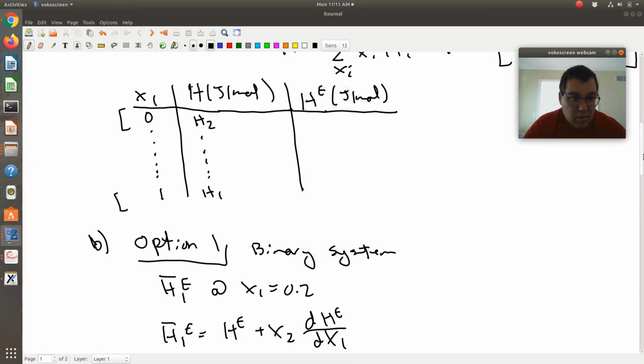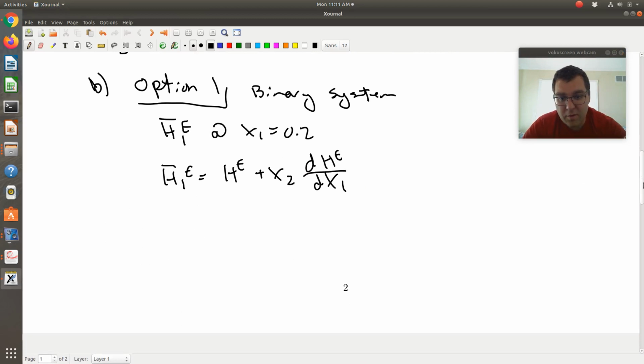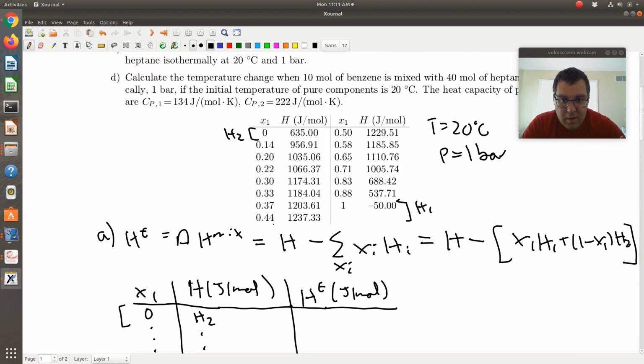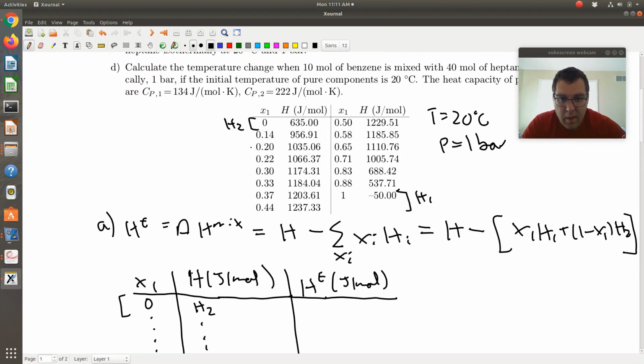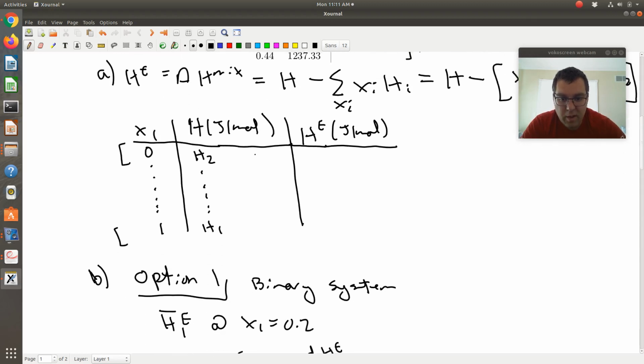Then it's a matter of how I would compute this. This is going to be at x1 equal to 0.2, so I need HE at x1 equal to 0.2. From the tabulated data, we have an entry at x1 equal to 0.2 for H, so I know we'll have HE there.